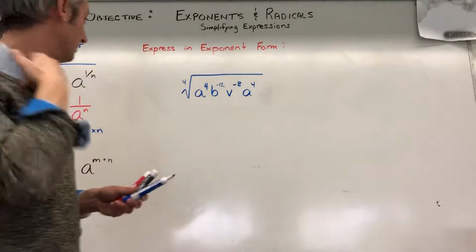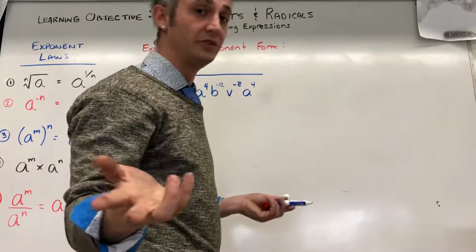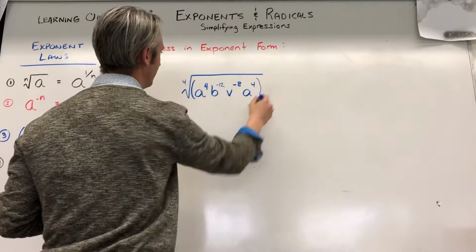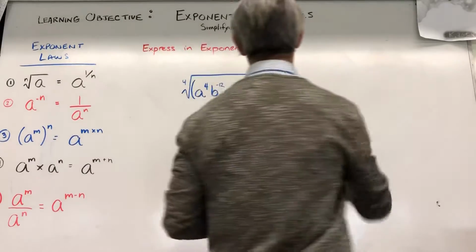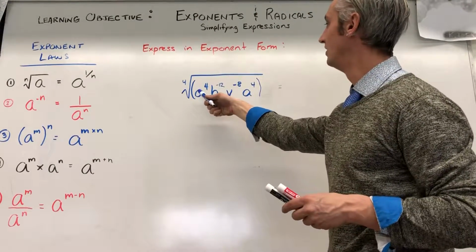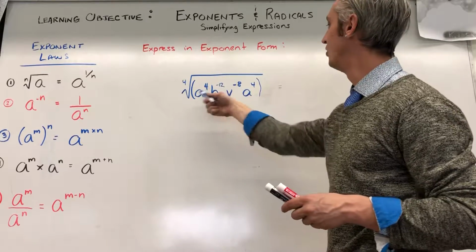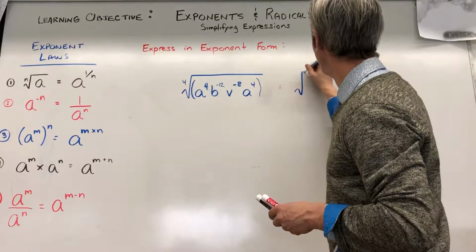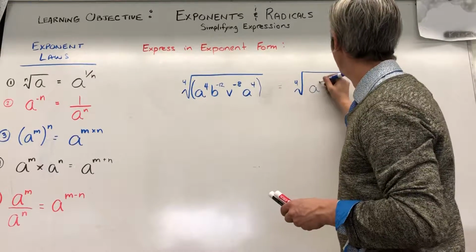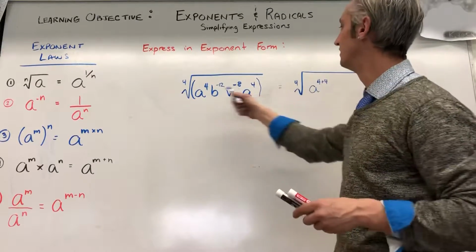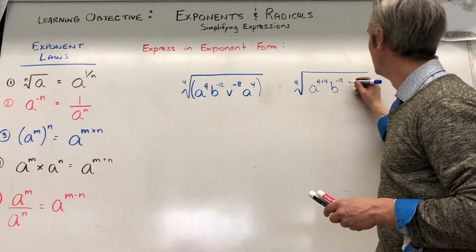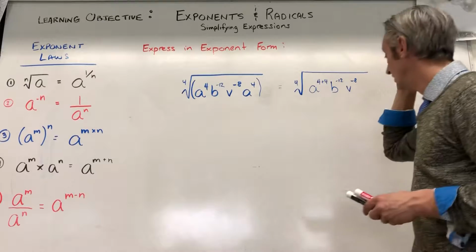Okay? Again, multiple ways I can deal with this, but I'm going to start inside here. First I'm going to fix what's in there. So I can collect my like terms. I have a's here, and they're all being multiplied. So this is the same as a to the 4 plus 4, I add the exponents because these are all being multiplied, times b to the negative 12 times b to the negative 8.